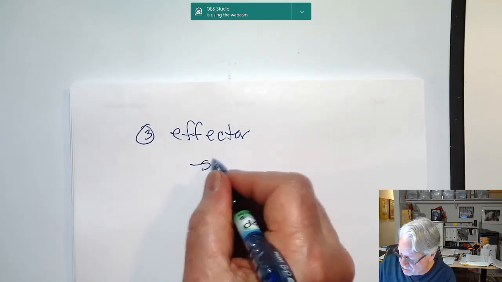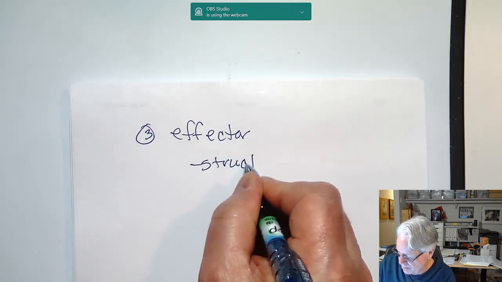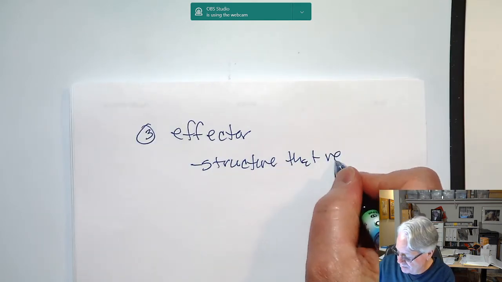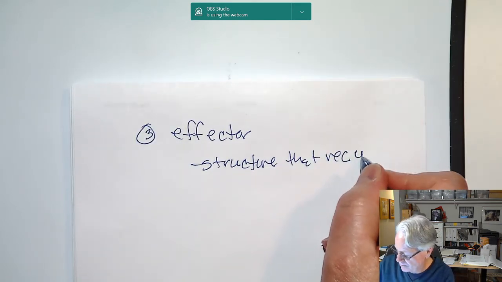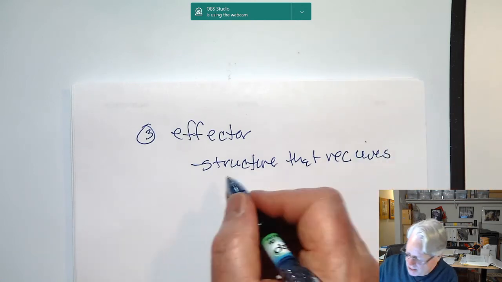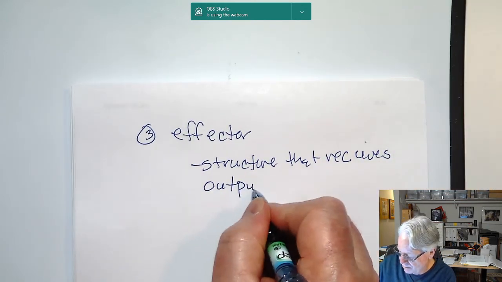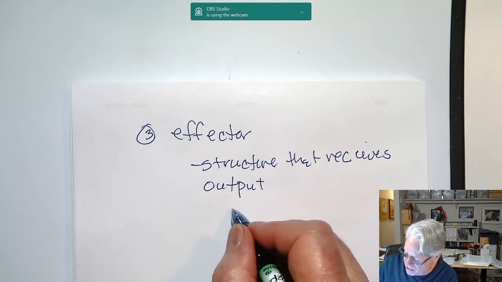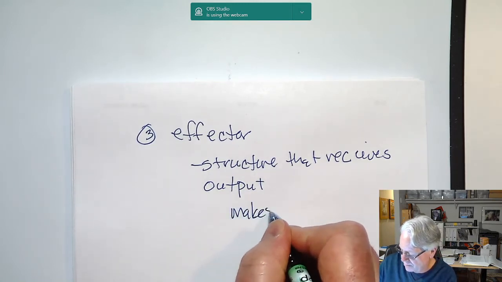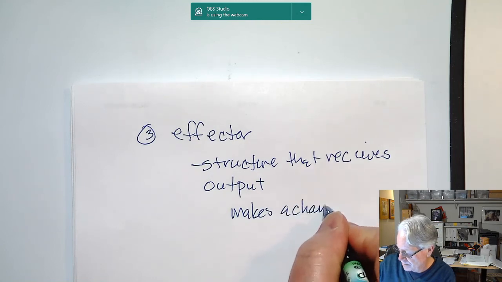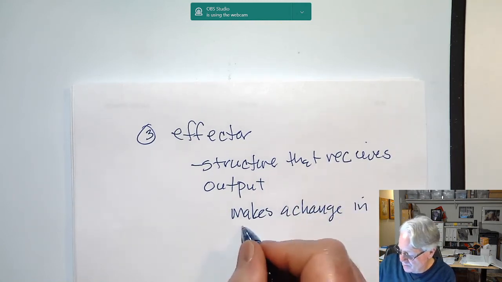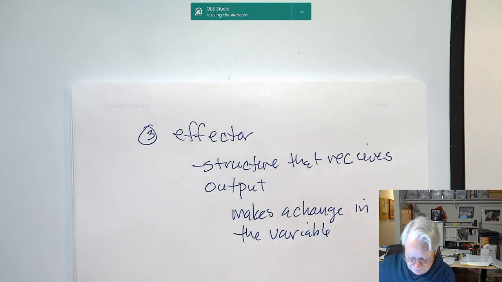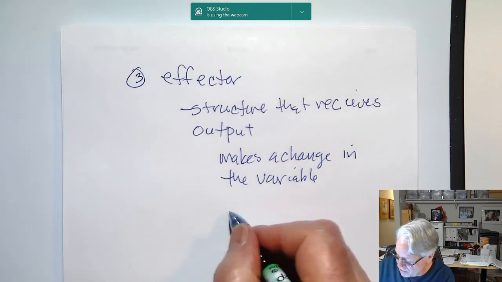And this is the structure that receives output and makes a change in the variable. Okay. It affects change.